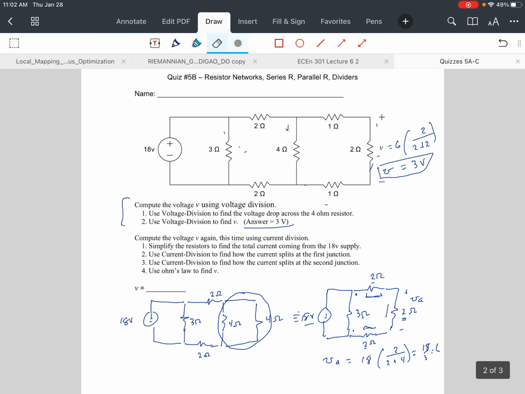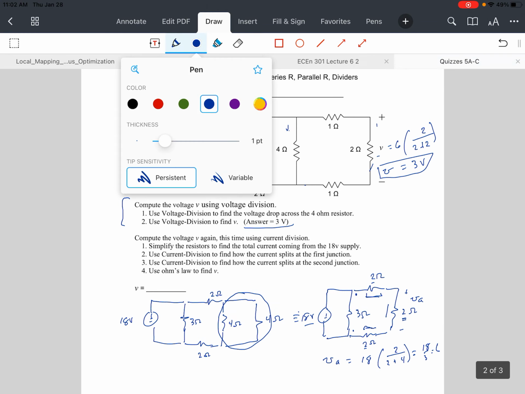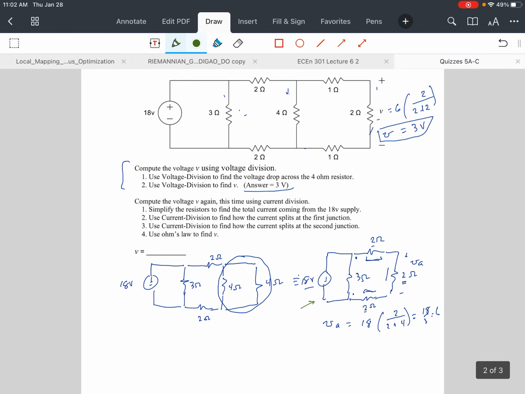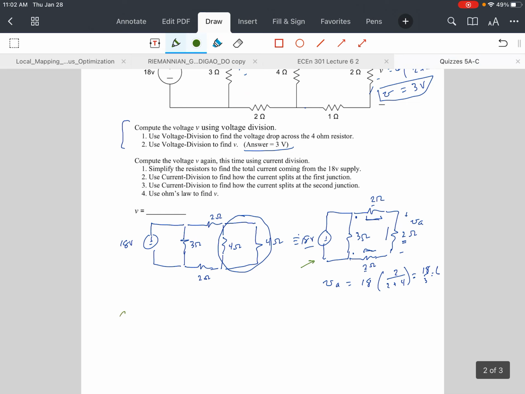What we're going to try to do is find the total equivalent resistance. Maybe I'll switch to a different color. We've already simplified the circuit to this point, so let's continue to simplify it. We have 18 volts, our 3 ohm resistor, and notice that these three are in series, so that would be another 6 ohm resistance.